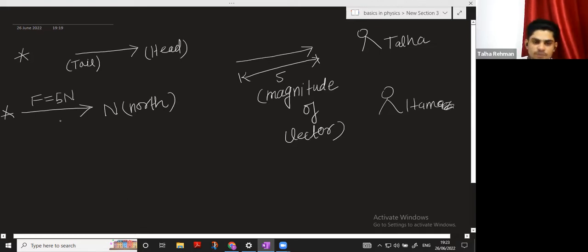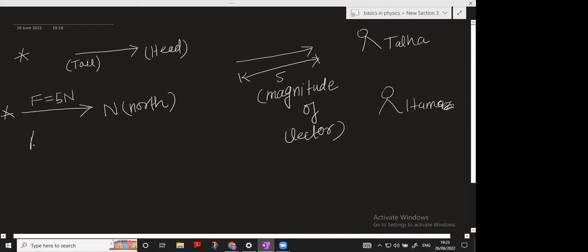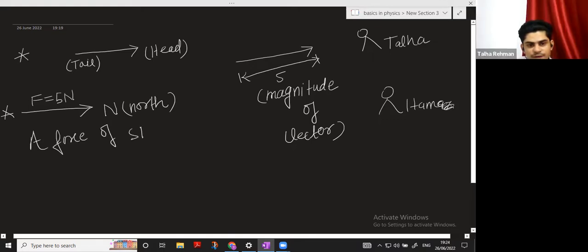Okay, no problem. So you can say that a force of 5 Newton is applied in the north direction, simple.